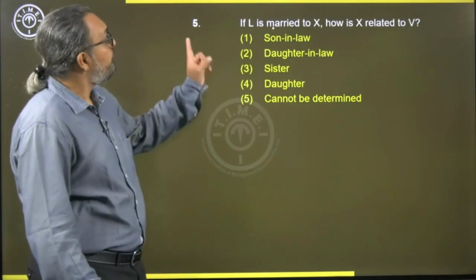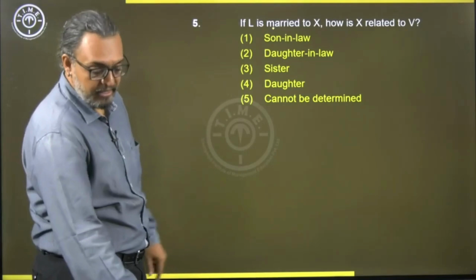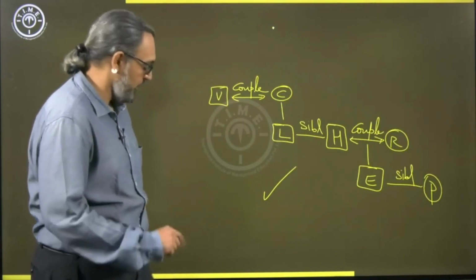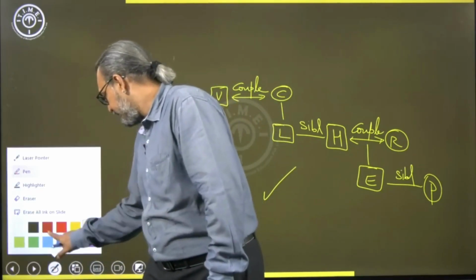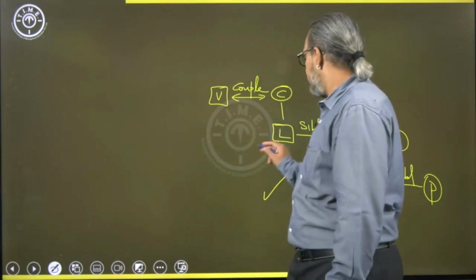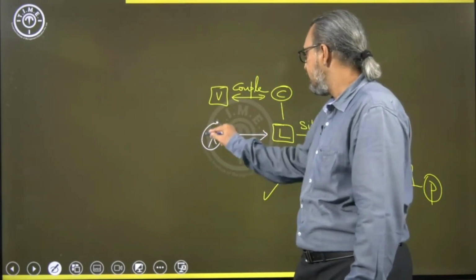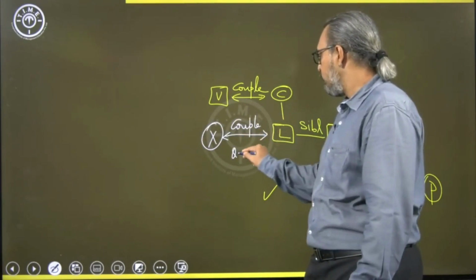Then if L is married to X, how is X related to V? Let us check. So he says if L is married to X, so X is a female. So this is only for question number 5.